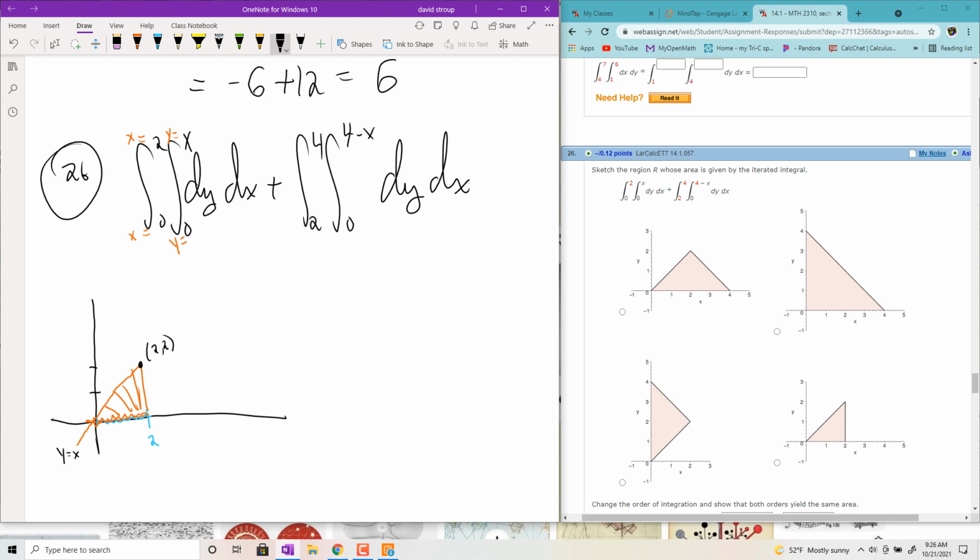The y equals 4 minus x right here that I'm talking about. So on my second integral now, I'm going from y equals 0 to y equals 4 minus x over the interval from x equals 2 to x equals 4. So the second one is going from 2 to 4 here in that range.